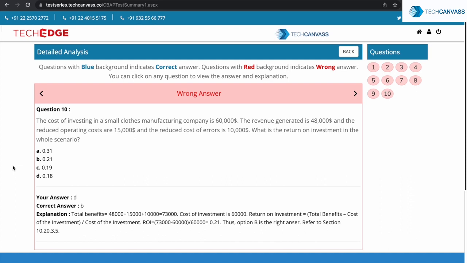So the formula for return on investment is total benefits minus cost of the investment, divided by the cost of the investment. So ROI will be 73,000 minus 60,000 divided by 60,000, which is 13,000 divided by 60,000, which is equal to 0.21. So the correct answer is 0.21.